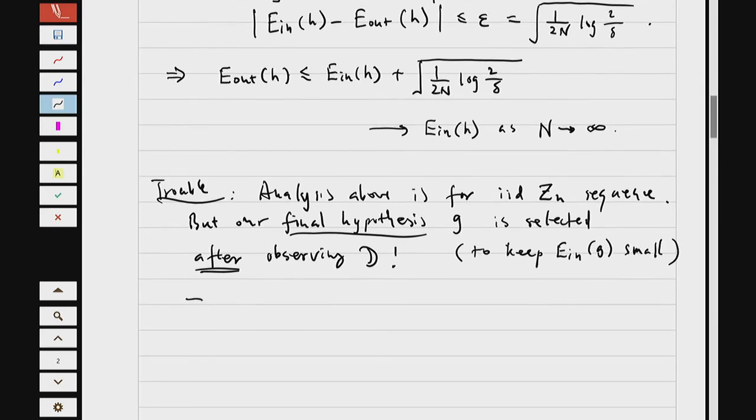And therefore, we know that g of x1 all the way to g of xn, these functions, are no longer independent. They all depend on all of the data points. Even though the individual data points are independent, this sequence is not an independent sequence anymore.